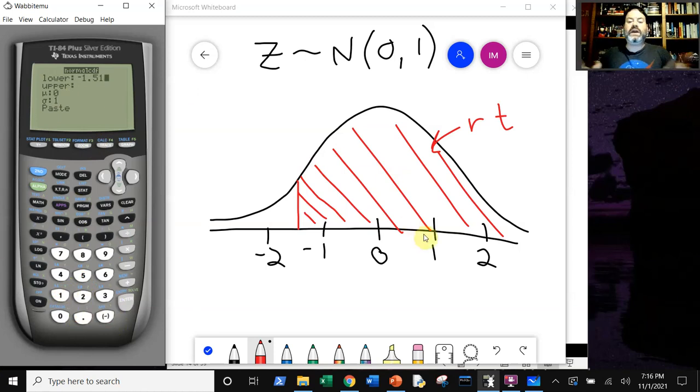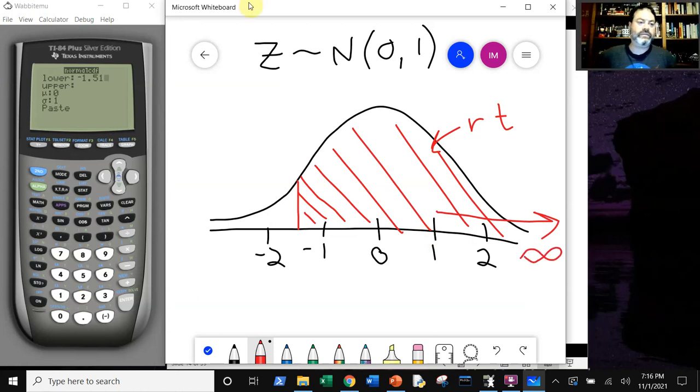Now, if we look at the upper, this thing just keeps going on and on and on to the right. So in reality, it's actually infinity, but we're not going to type in infinity. Just type in a really big number. So I'm going to type in 10,000. It works fine. If you're not convinced that that's a big enough number, then put in 100,000, put in a million. I don't care. The calculator defaults to 0, 1. And then you go down to paste and hit enter.